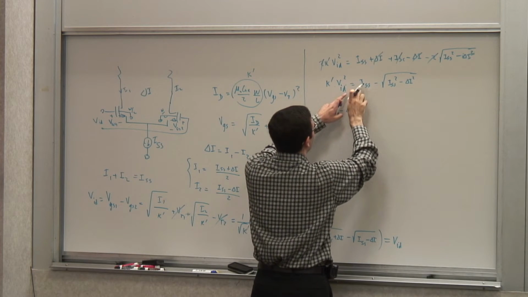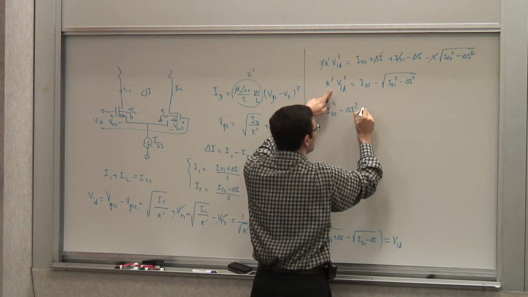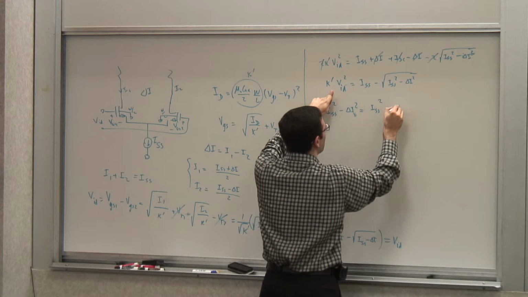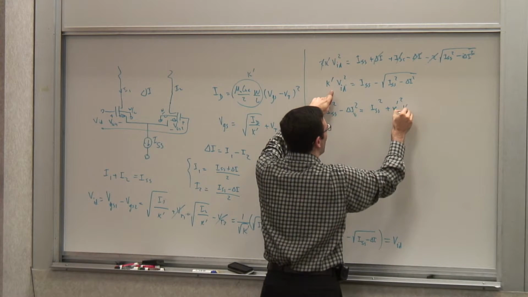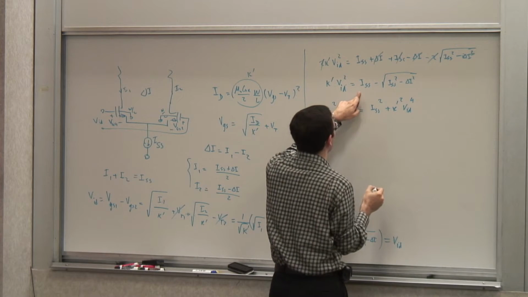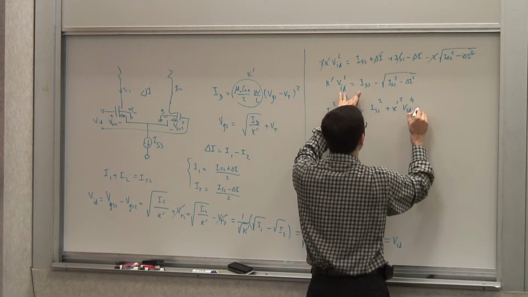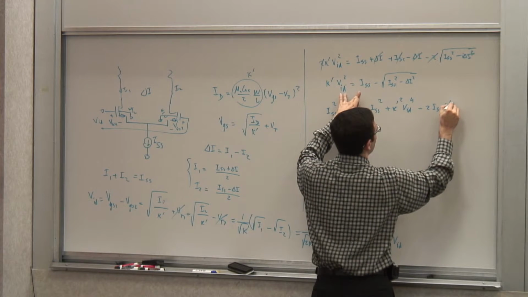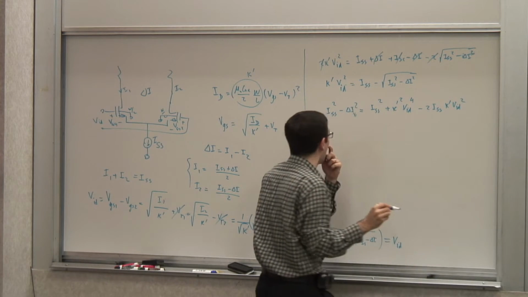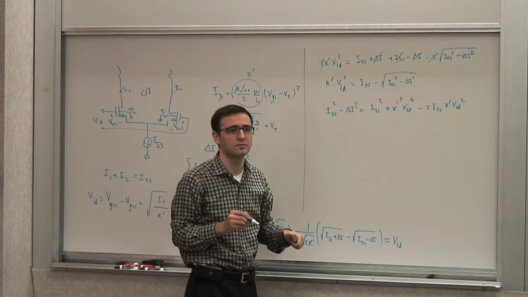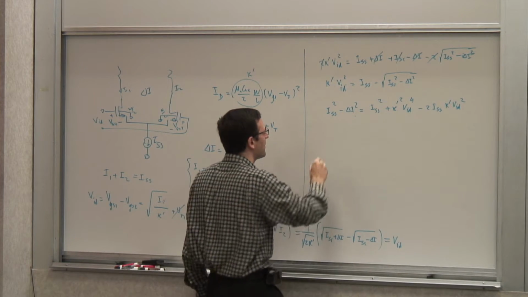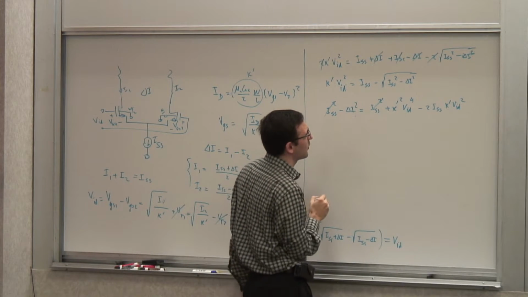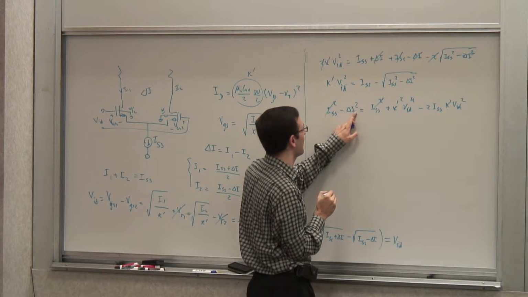And then I have this minus that on that side, and then I square it, so I get ISS squared from that term. I get K prime squared VID to the fourth from that, and then I get minus the 2 times the product, ISS K prime VID squared. Okay? Now, this ISS squared cancels that ISS squared, and what I'm solving for is really this guy.